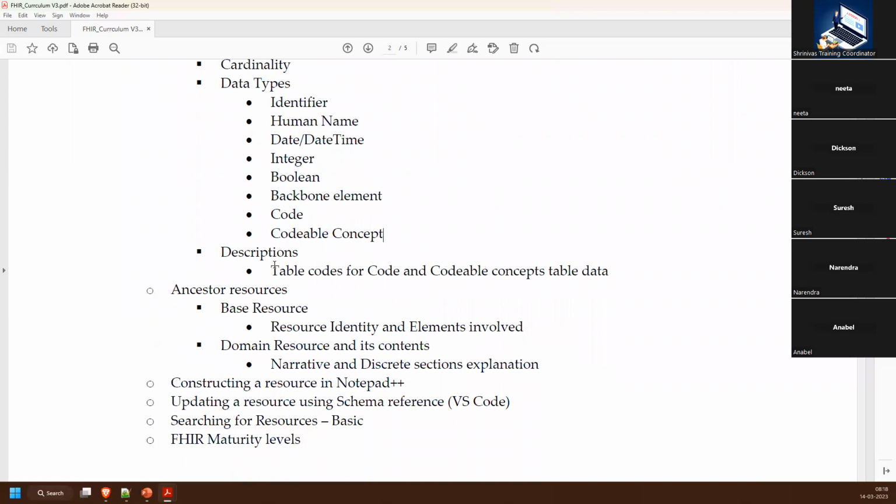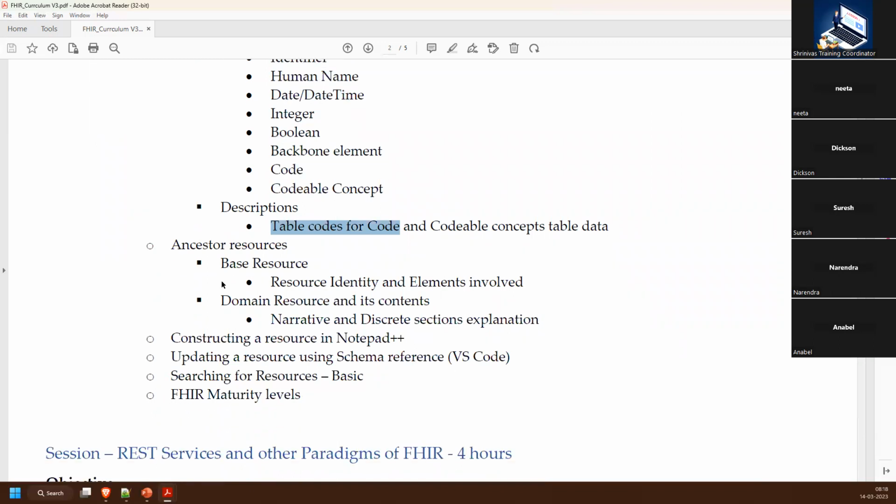Then we will get into the descriptions, understand what descriptions say, and then we will get into two main resources which are called ancestor resources. So we'll talk about the base resource and the domain resource, and we'll understand what are the important elements of each of these resources and what is the significance of those elements.